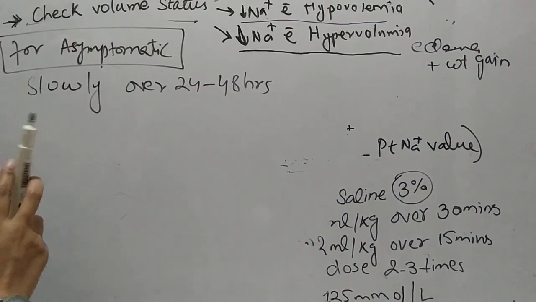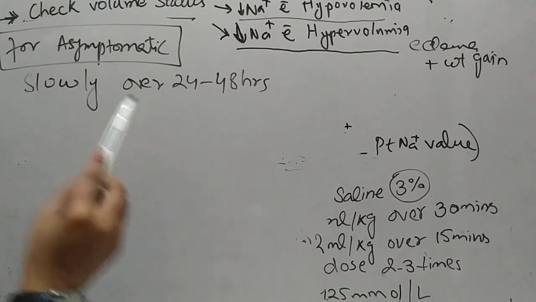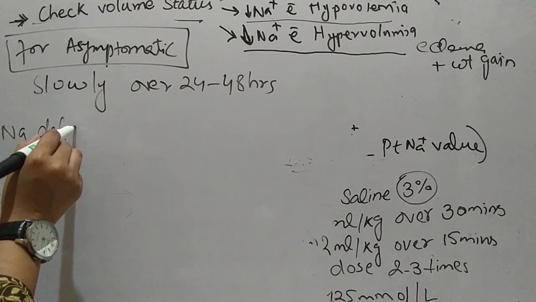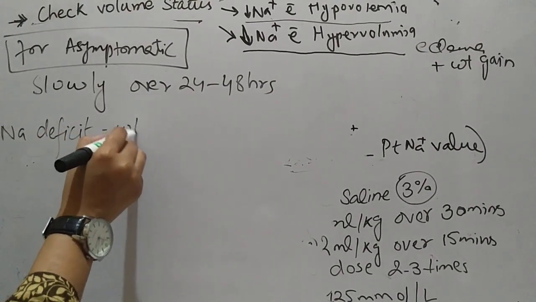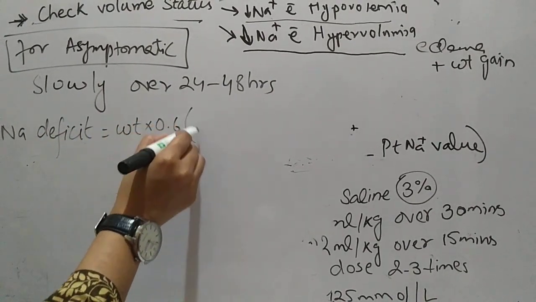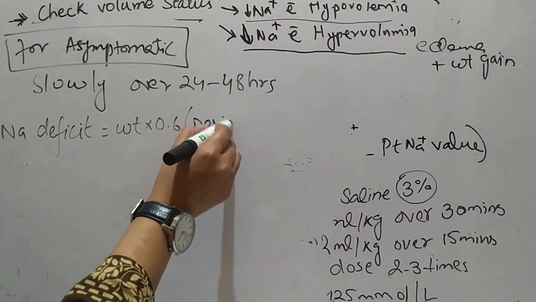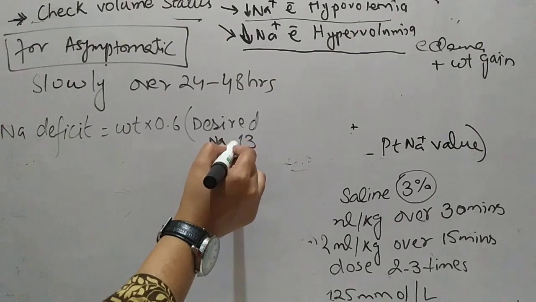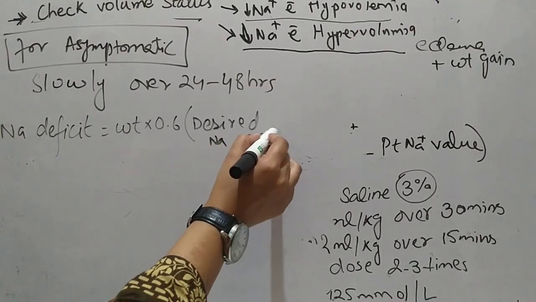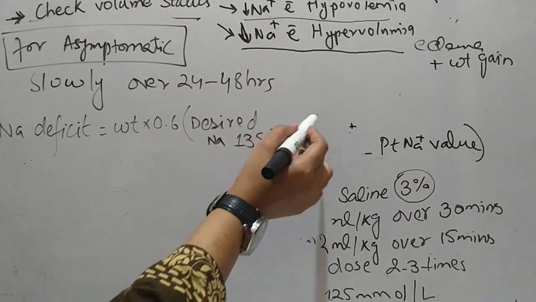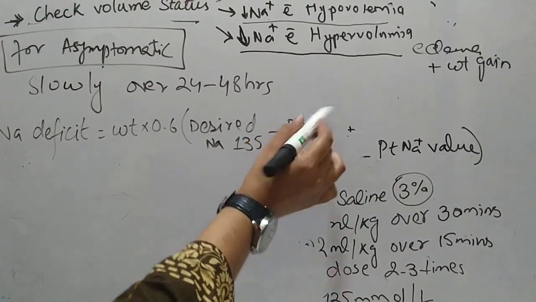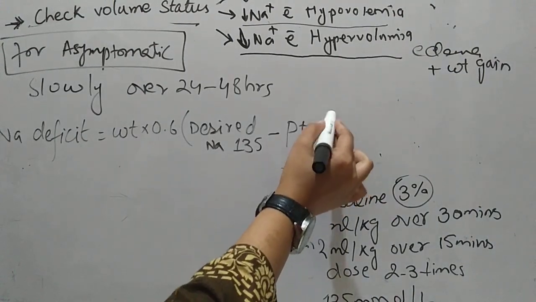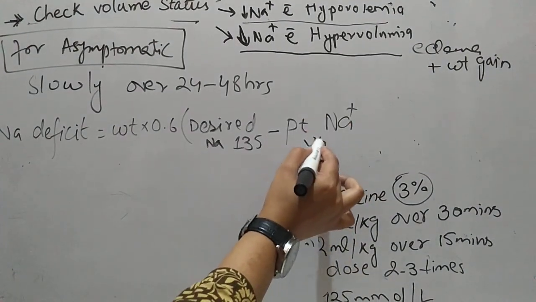Total serum sodium deficit will be calculated by the same formula: weight multiplied by 0.6 multiplied by desired sodium, here you will use the 135 value, minus the patient serum sodium value.